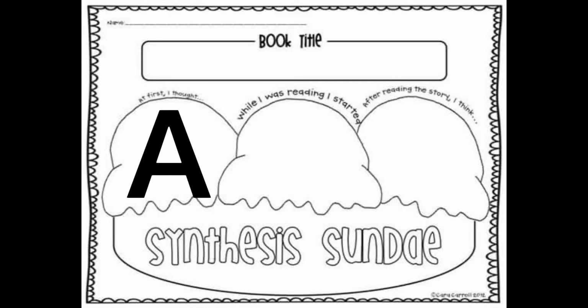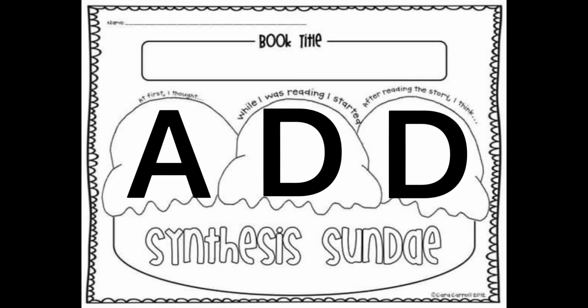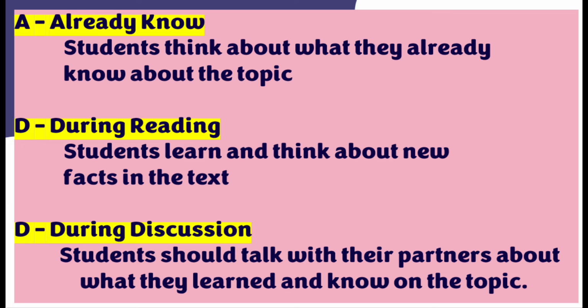We can also have a simplified technique of synthesizing with the use of the ADD method. ADD as in A, D, and D method. The A stands for already know. Here, you as students think about what you already know about the topic.